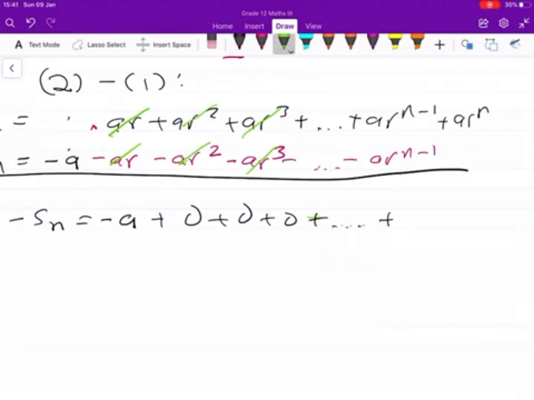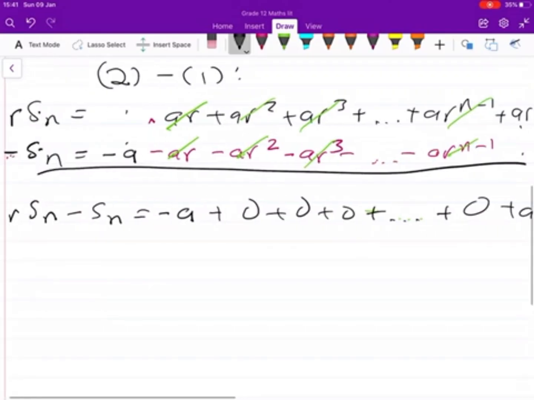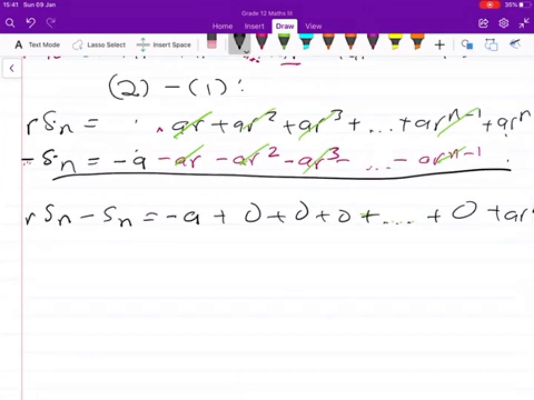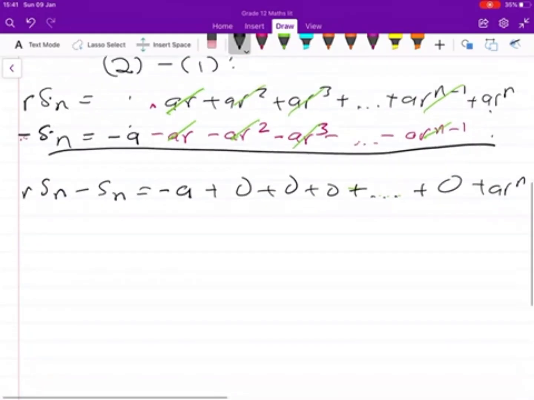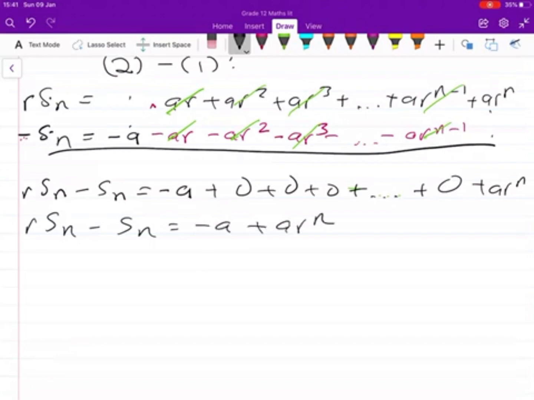This and this we get 0, and this is AR^n. I hope you will look at the video, and if I made mistakes with my words, hopefully my writing makes up for that. So this is RSn minus Sn equals minus A plus AR^n.